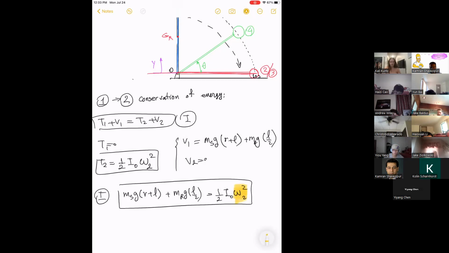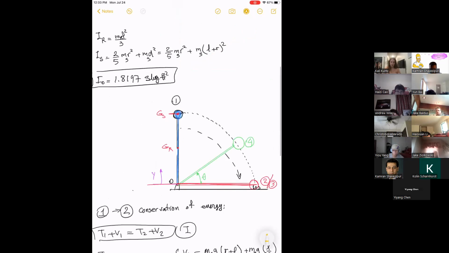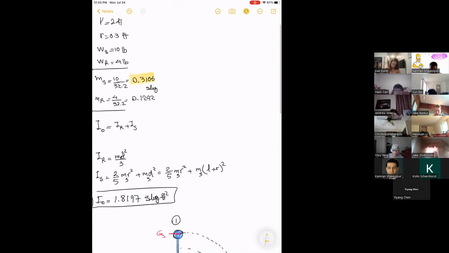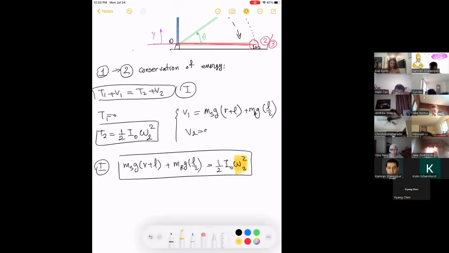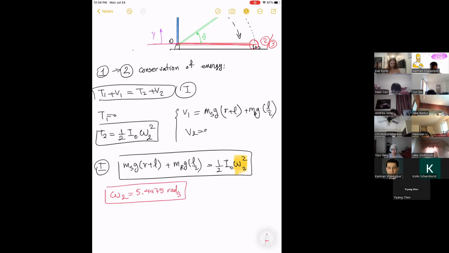I'm going to give you a minute to calculate this. You have all the numbers, the masses, the moment of inertia, and the dimensions. And you should get this number if you solve them.